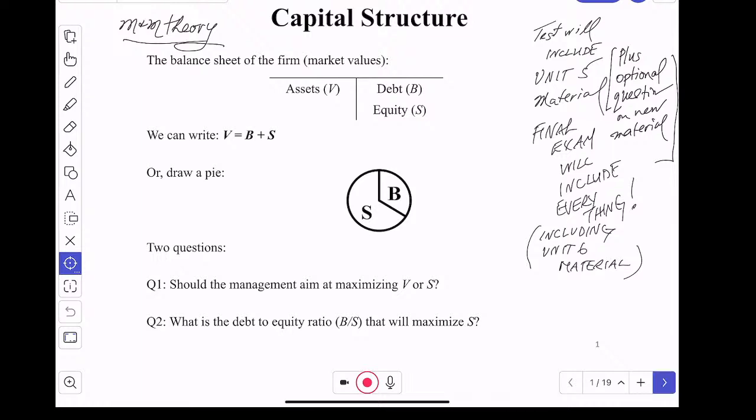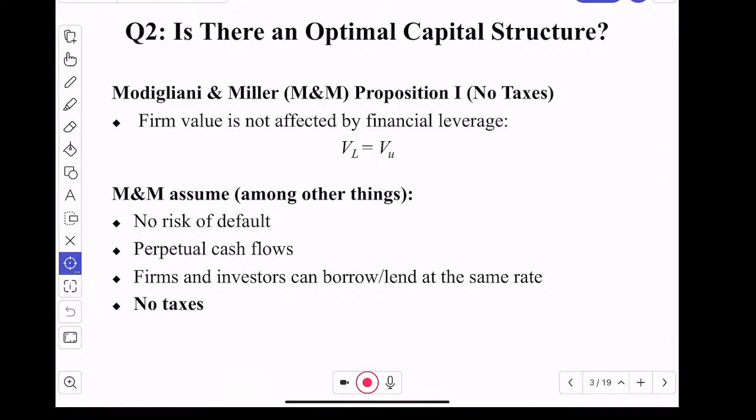How can we figure that out? It's a very complex question that was tackled by several financial economists, and Modigliani and Miller framed their response to the question by beginning with a very abstract scenario, with several assumptions in it, where the firm value is not affected by financial leverage.